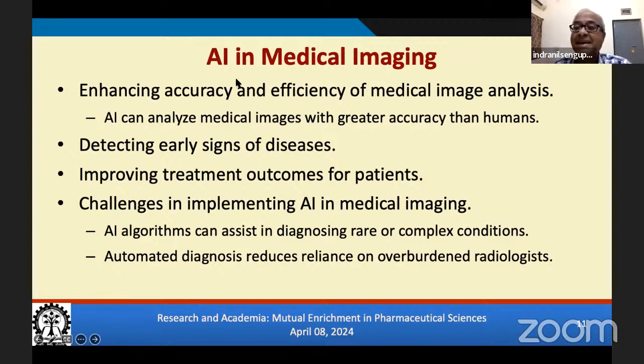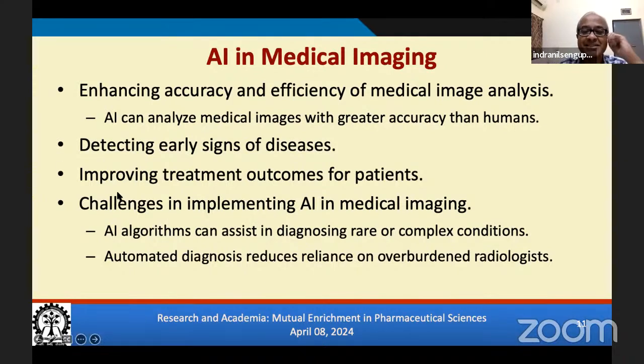Here, AI can come into the picture, because you see, when a person visualizes an image and tries to diagnose, there can be errors because the data are huge. But computers never get tired, whatever huge data you feed them.